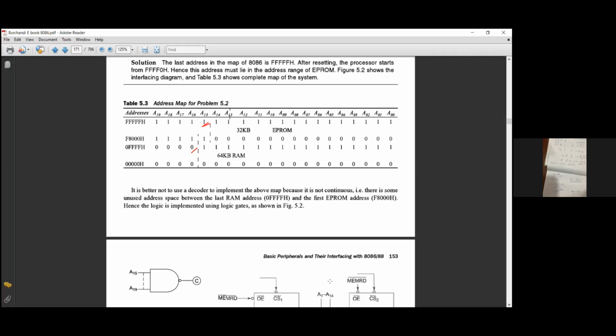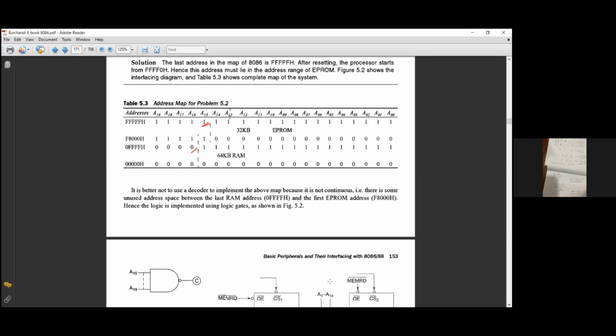RAM starting from 00000H means it's not starting from F8000 minus 1, that is F7FFF. It's starting from 00000H. Is it clear? Yes, sir. This is ideal. Always we start RAM from 00000H and ROM ending at FFFFFH. Okay.